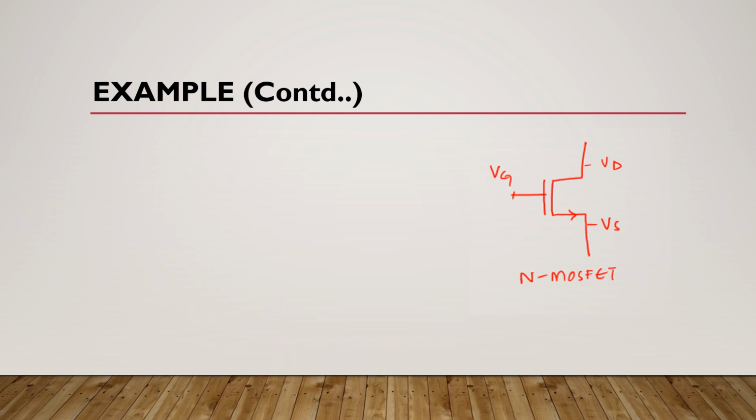Now what is the mode of operation of the transistor when the drain voltage is 5 volts, and again the gate voltage is 3 volts and threshold voltage is 2 volts? We know that in saturation region the gate to drain voltage is less than threshold voltage, written as gate voltage minus drain voltage less than threshold voltage.